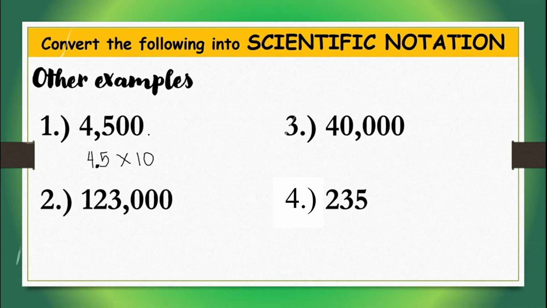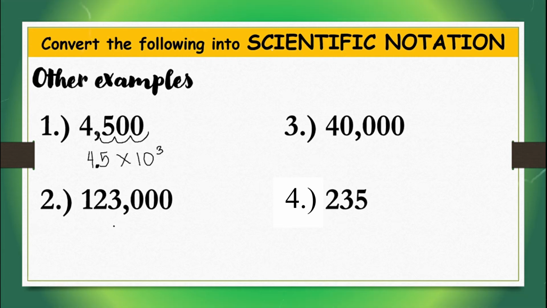The decimal point is on the right side of the last digit. So it's in here. So if we count, we will have 1, 2, 3. So 4.5 times 10 raised to 3, or 4.5 times 10 to the third power.